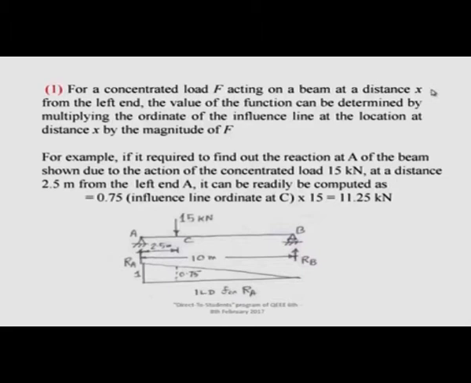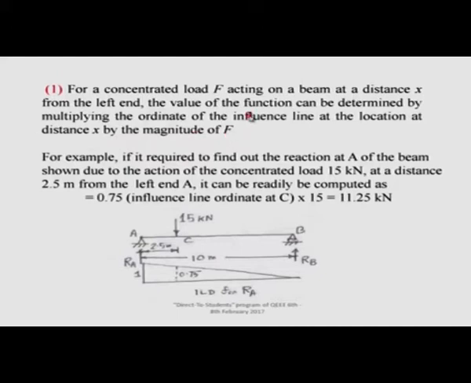So, for a concentrated load F acting on a beam at a distance x from the left end, the value of the function can be determined by multiplying the ordinate of the influence line at that location, at distance x, by the magnitude of the loading itself.